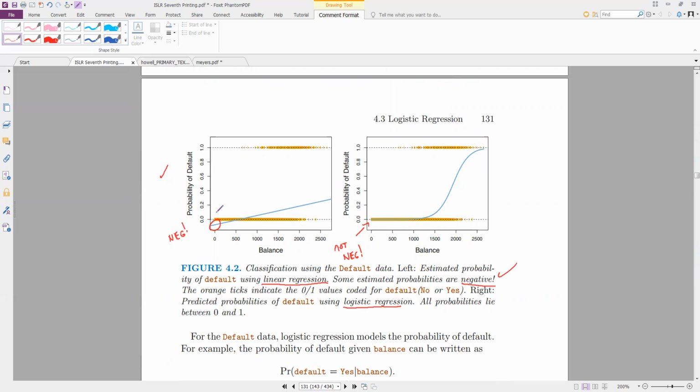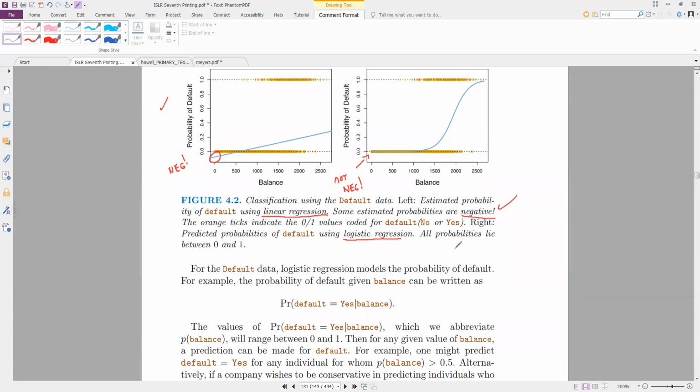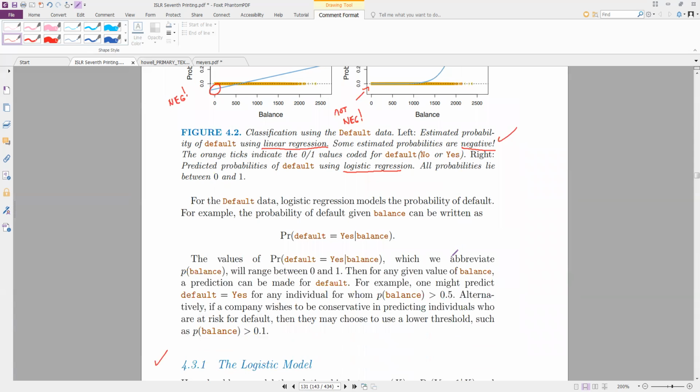Well, the linear model could actually produce this negative probability of defaulting, whether you'll default on the credit card loan or not. Whereas here, it's not negative. So here's the immediate benefit of using the correct procedure, logistic regression: you're not going to get out of bounds probabilities. So you definitely want to use the logistic in cases where you have the binary.